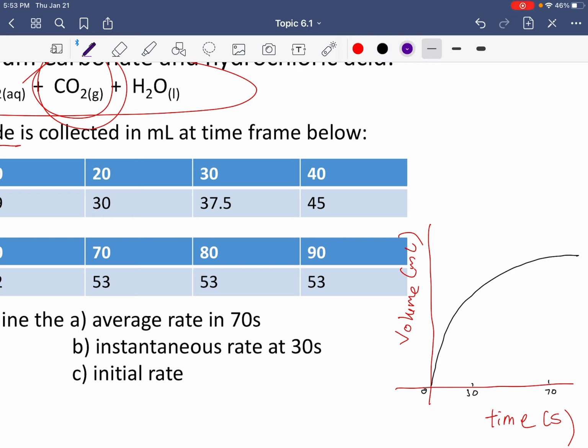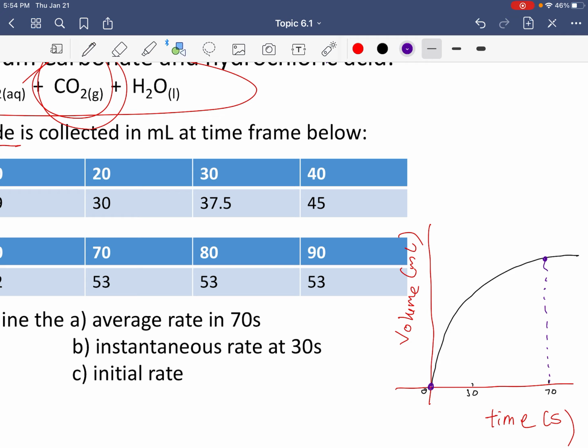From 0 seconds to 70 seconds, how fast is this reaction happening? Now, once you graph it, you can easily determine this information by doing this. So here's your 0, that's where you started, and here's your 70.